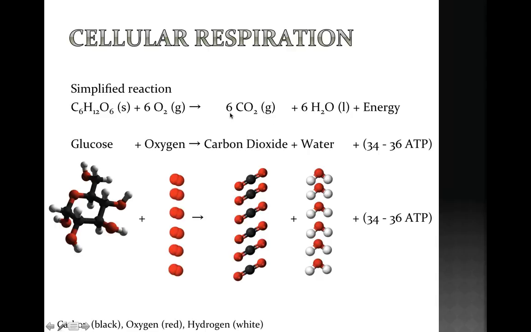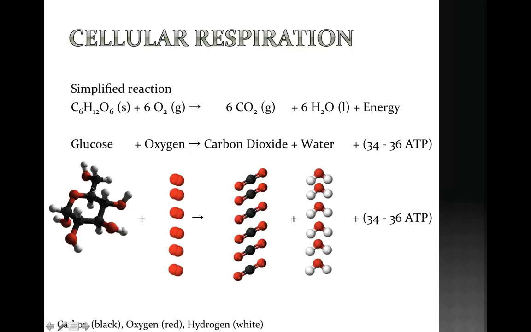And so you end up with 6 molecules of carbon dioxide, another gas, and then 6 molecules of water, that is a liquid. So you turn a solid and a gas into a gas and a liquid.